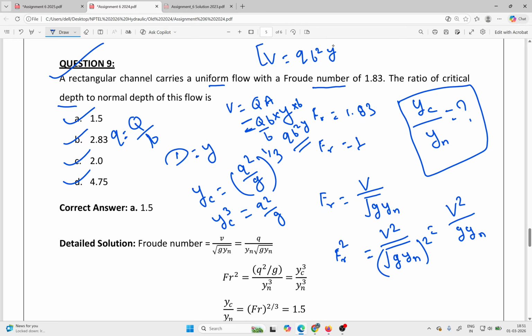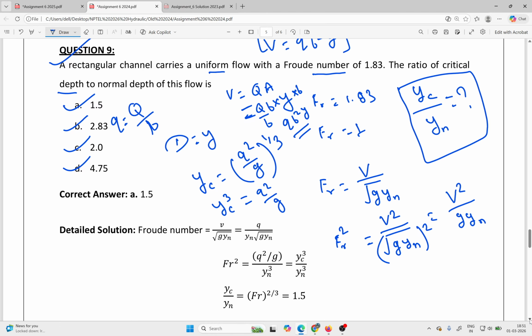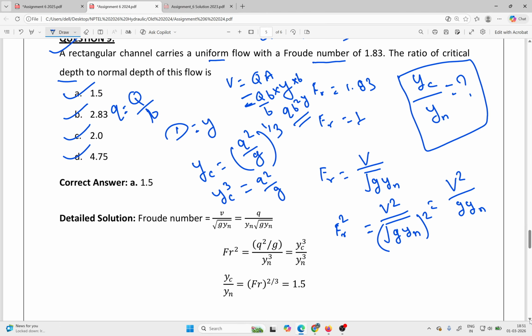So now here you can see it is directly written, or you can write like that, this is your Q by N is equal to B V. How?